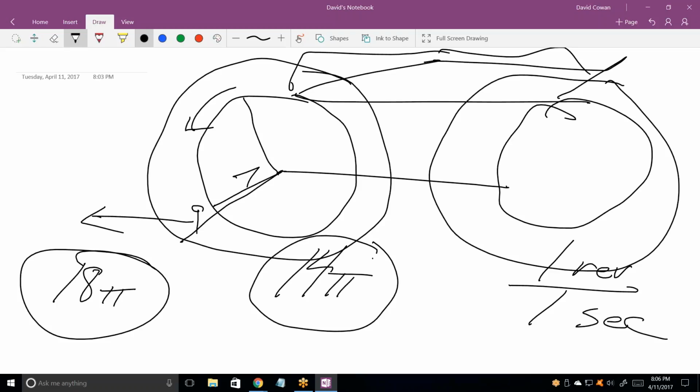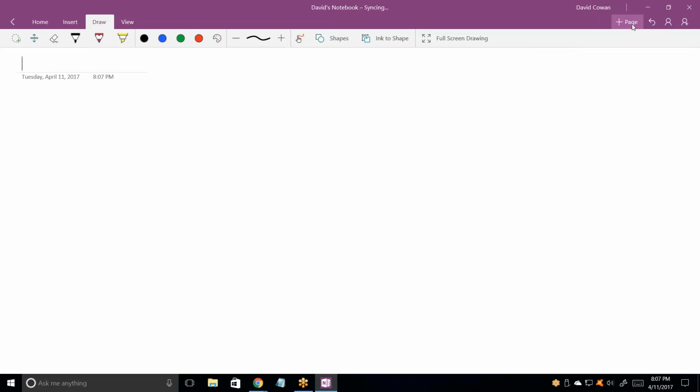So as long as you can force that wheel to do a certain number of revolutions per second, the bigger the wheel, the faster you move. And the smaller the wheel, the slower you move. So that's my basic explanation.